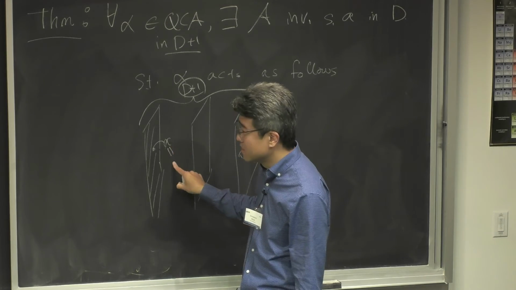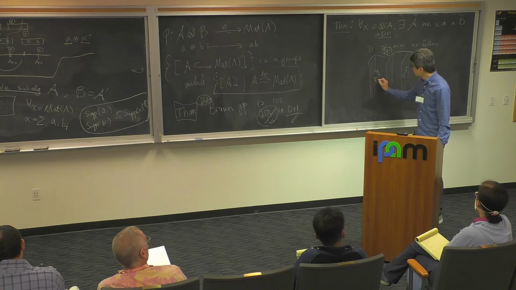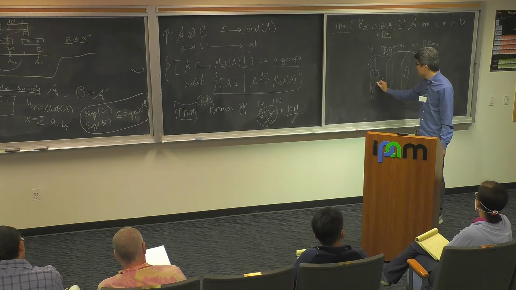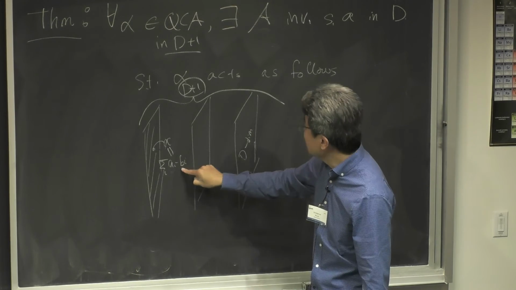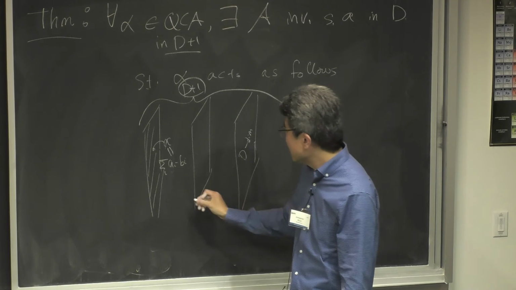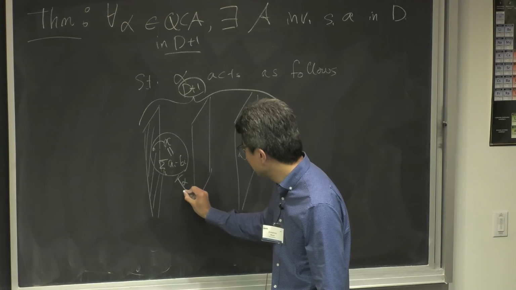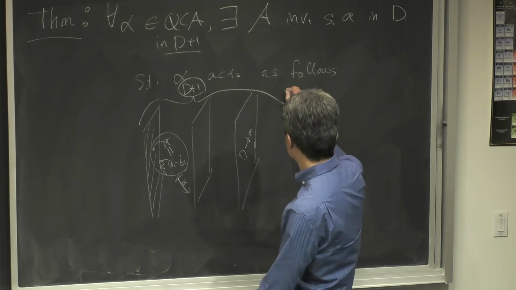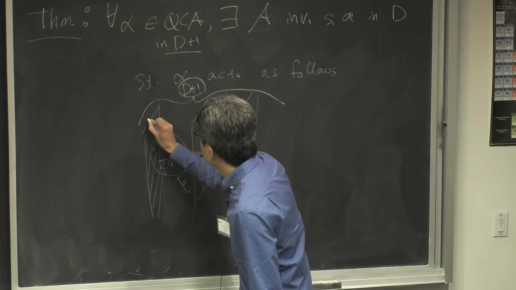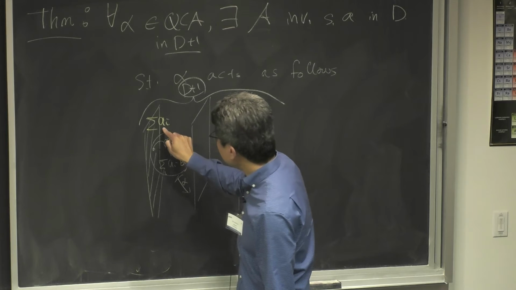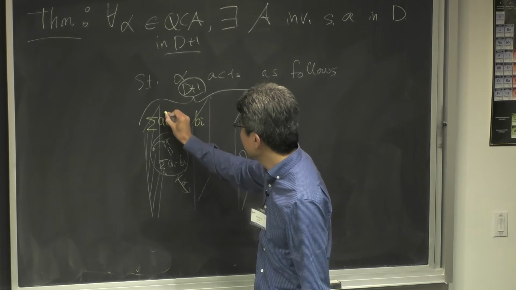You decompose x according to the definition of invertible subalgebra. So you write x as the sum of a_i b_i, where a_i is in this algebra A, b_i is in its commutant. And then you map this thing by alpha to, you leave a piece here, but you toast the b part to the next layer.